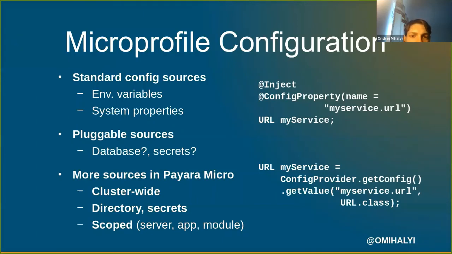You can have a secrets config source that gets the data from the network, from the secret service. You can have a connector to etcd, which is a distributed configuration service, and a lot more.